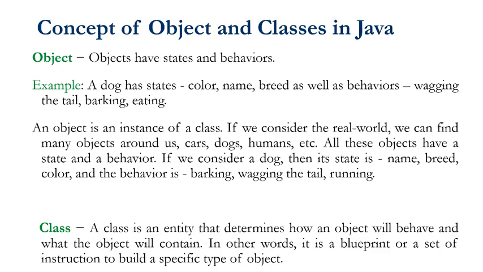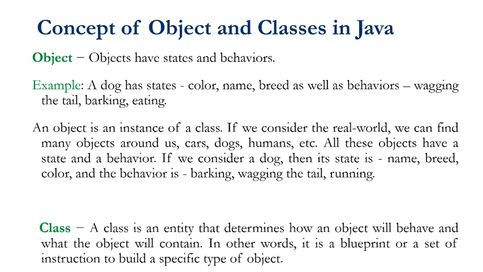So, what is an object? An object is something that has a state and a behavior. State is anything. Suppose I talk about a real-time example: in our home we have a bed, a copy, a human being. All are objects. An object has some state or shape, and it has some behavior.